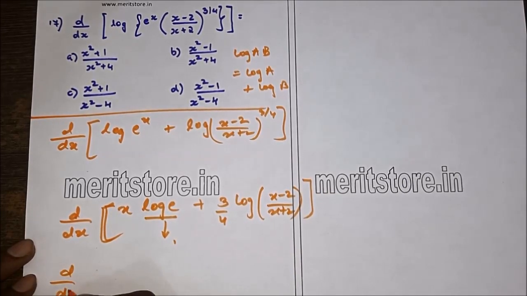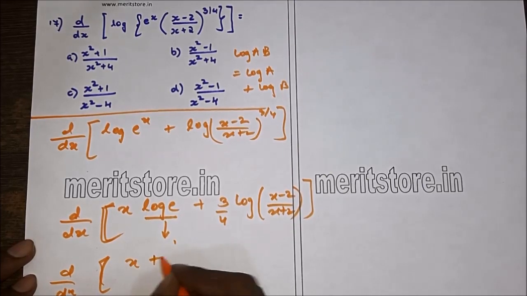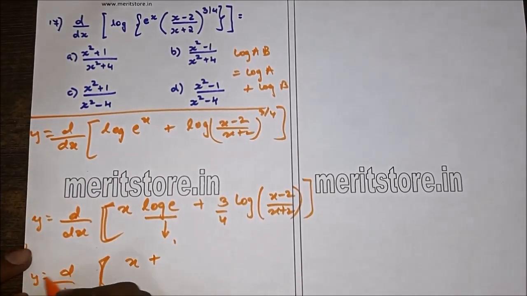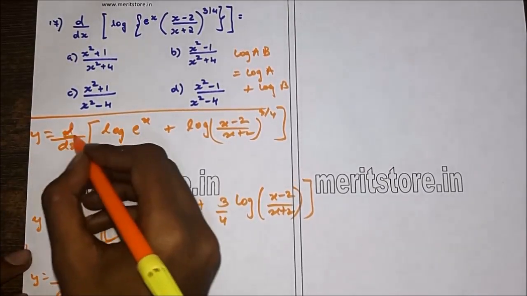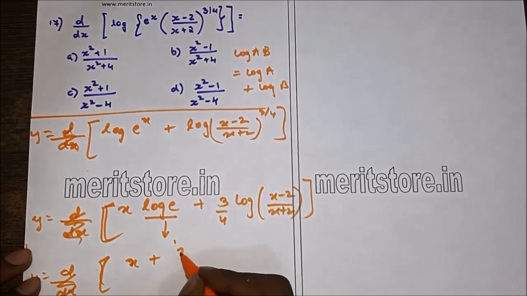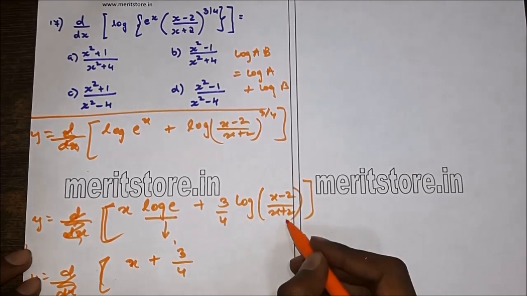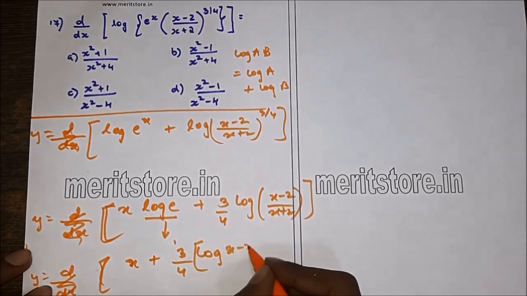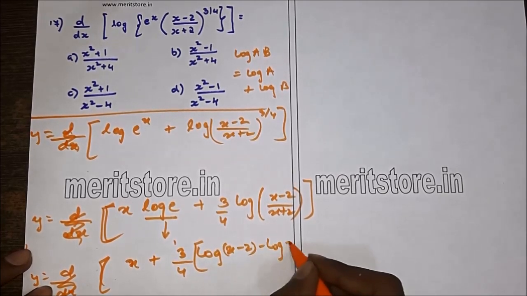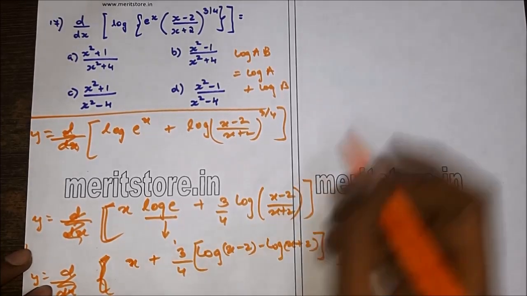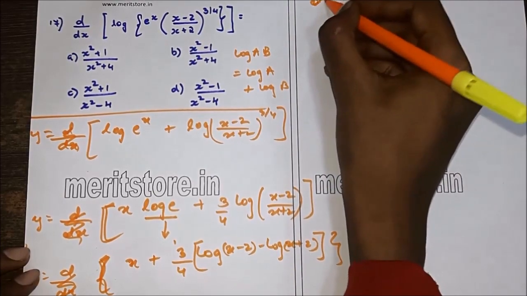So let this be y. So this is x plus 3 by 4. Now log of a by b is log of a minus log of b. So this is 3 by 4 times log of x minus 2 minus log of x plus 2. So now we differentiate it.